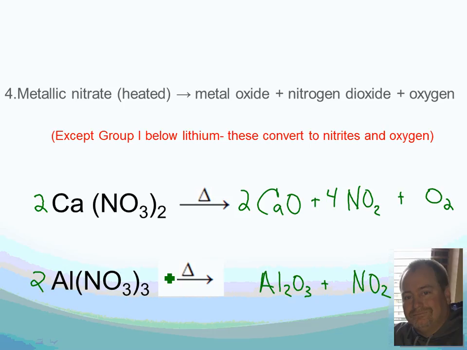So am I going to put a 6 here? Have to, right? How many oxygens? 9 times 2 is 18. I've got 12, 13, 14, 15, 16, 17. Doggone it. I'm 1 short.